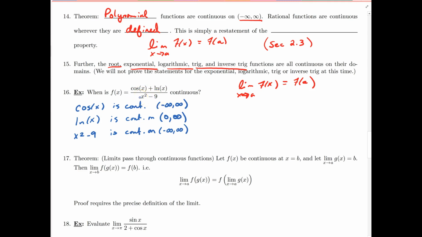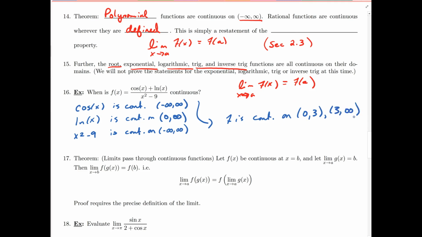So what I'm going to do is technically what the fancy phrase is, I'm intersecting these three domains to give me the domain where this function will be continuous. But one way of looking at it is you're saying, on what interval will all of these functions be continuous? And so this function f is continuous on the interval from 0 to 3, and again from 3 to infinity.